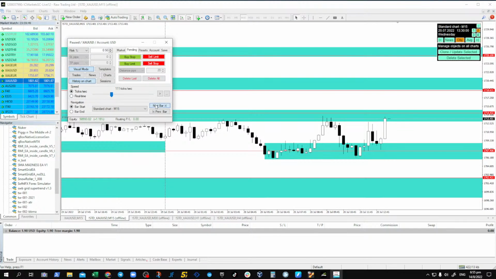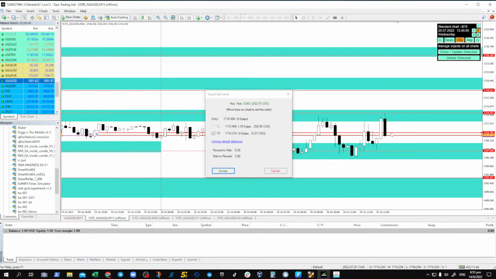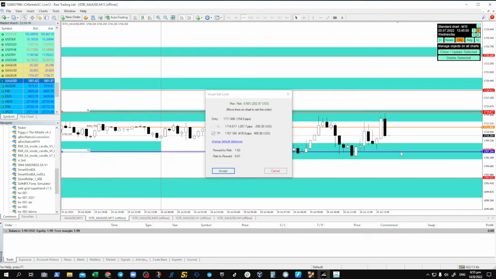Although it's TP. Wow. So now price rejected this zone. I want to take a sell limit at half of this candle and put the stop above. My entry will be here. TP target will be here.